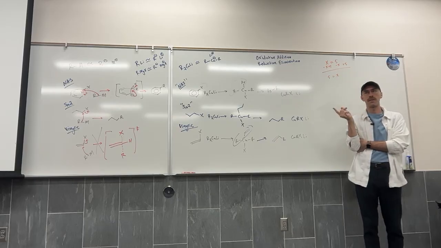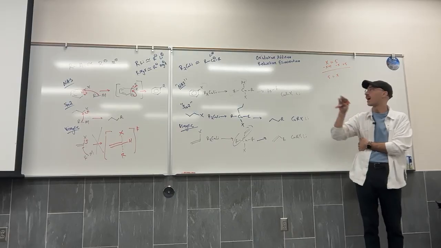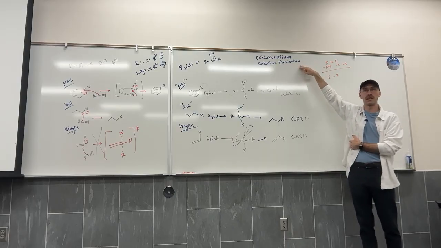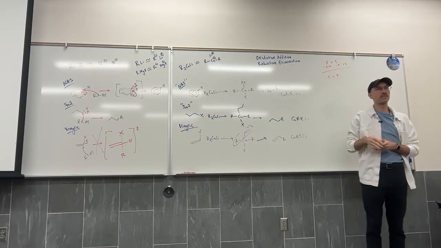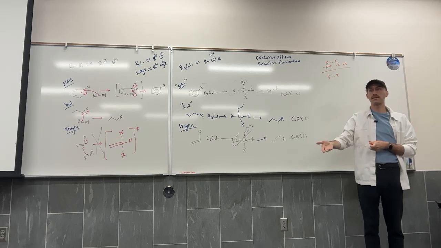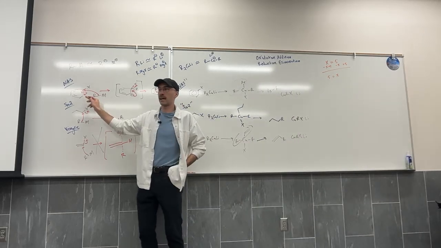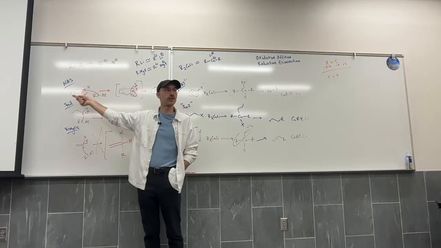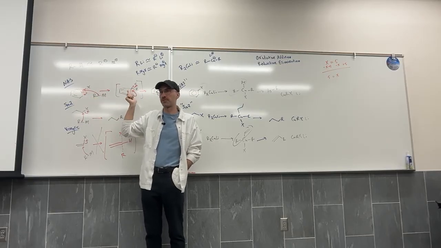I've added one thing, I've removed another, I've just substituted them. I've added one thing, I've removed another, substitution. By going through a process of addition followed by elimination, we get substitution. This is actually what we called NAS and EAS. The aromatic substitutions go through addition and then elimination, substitution.